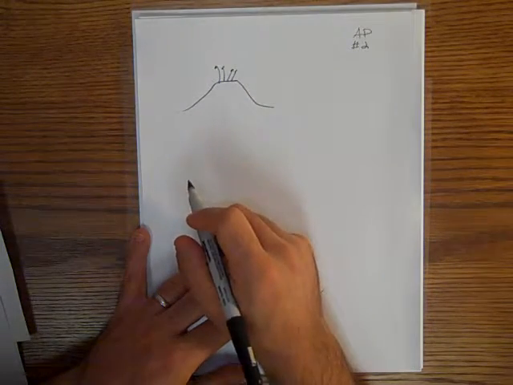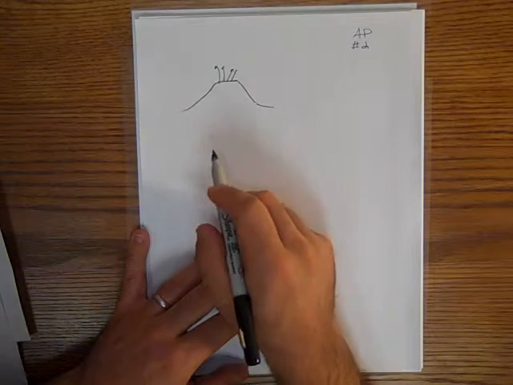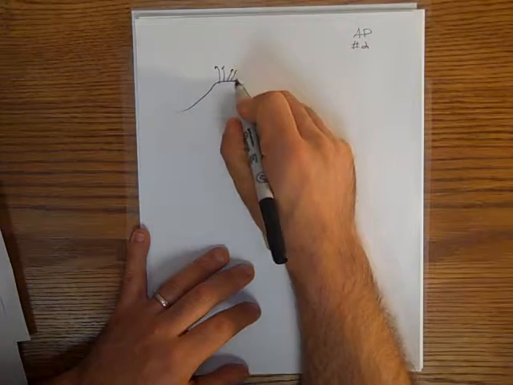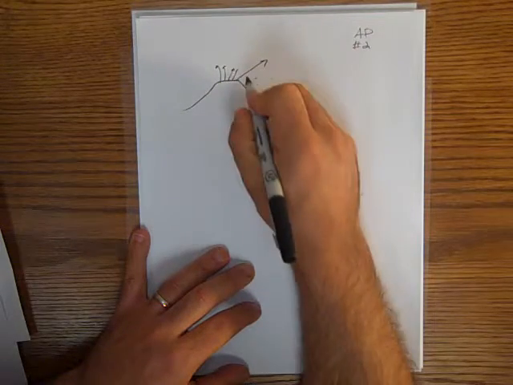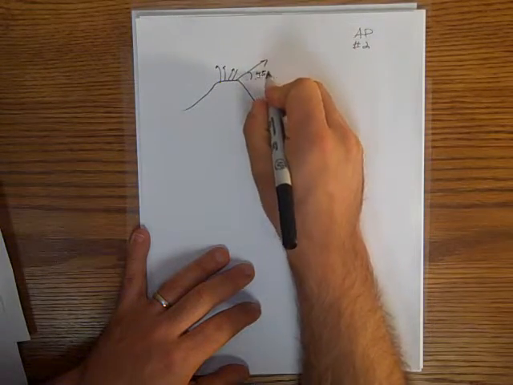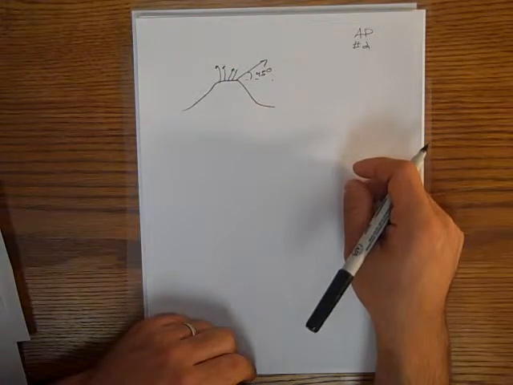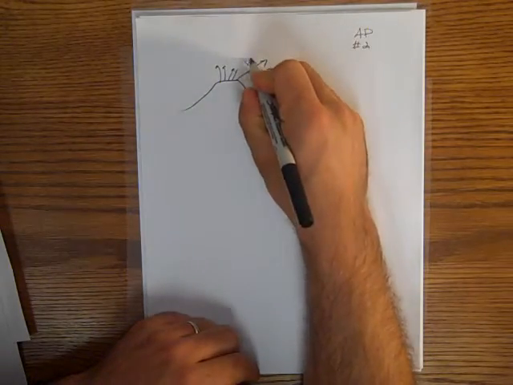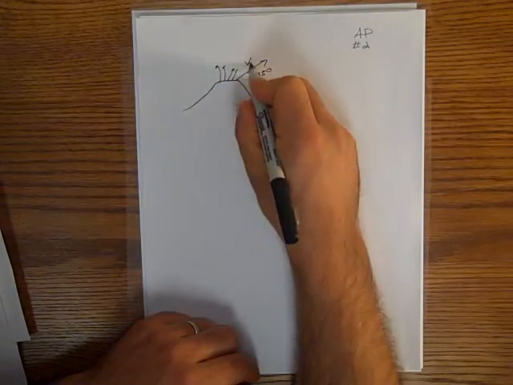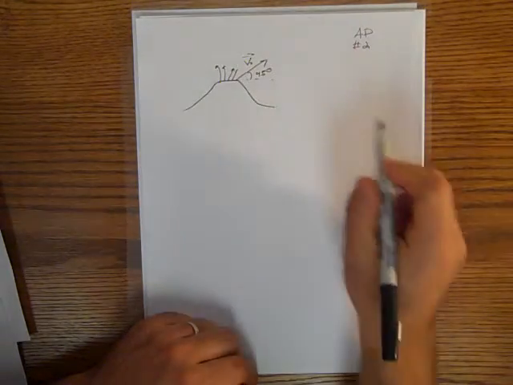But we're told that the rocks that go farthest away from the volcano come out with an initial velocity that's 45 degrees from the horizontal. I don't know what it is, but when they come out at that angle, they have some initial velocity, v0. Put the vector on there.